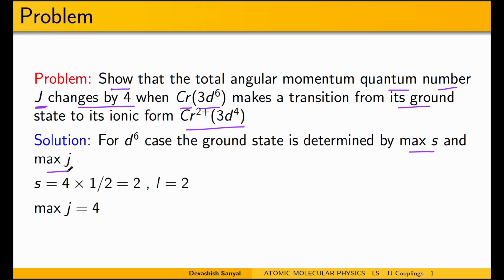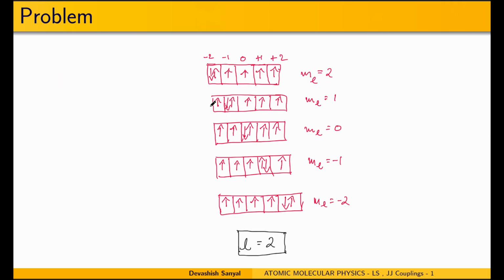Because here in 3d6 the orbital is more than half filled, the ground state will be determined by maximum S, maximum L, and also maximum J.